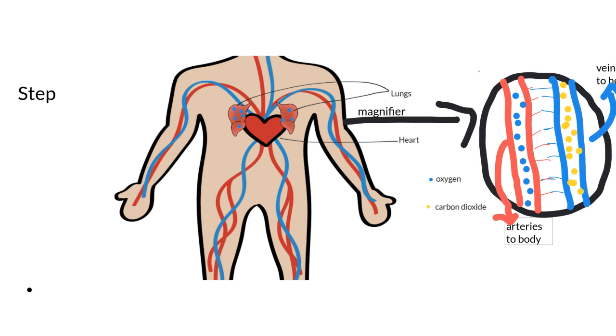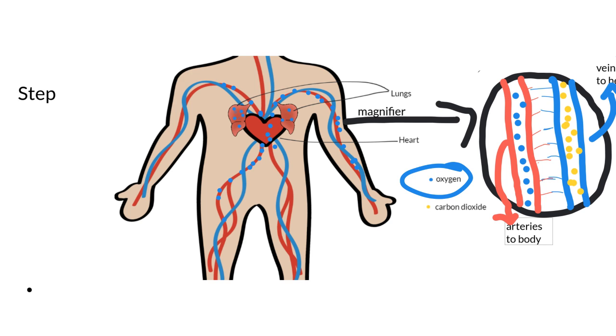Here's what's happening. It's coming out from the left ventricle and going out these arteries, away, to all parts of the body. Why? Well, the body needs what? It needs that oxygen. So here's what's happening.